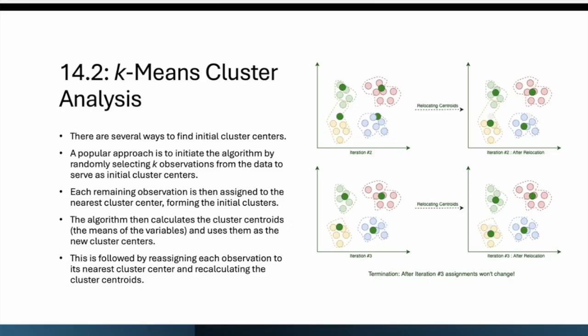A popular approach is to initiate the algorithm by randomly selecting k observations from the data to serve as initial cluster centers. Each remaining observation is then assigned to the nearest cluster center, forming the initial clusters. The algorithm then calculates the cluster centroids, which is the mean of the variables, and uses them as the new cluster centers. This is followed by reassigning each observation to its nearest cluster center and recalculating the cluster centroids.